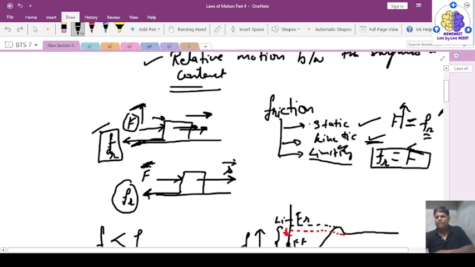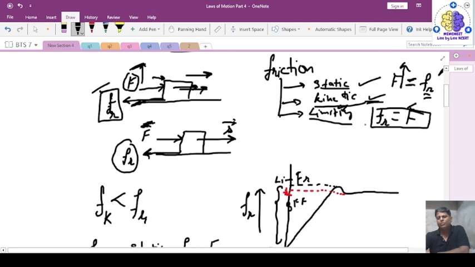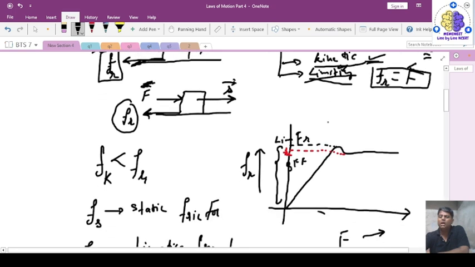Static frictional force is self-adjusting, and it increases or decreases as the external force increases or decreases. Kinetic frictional force has a value less than the limiting frictional force and is constant, and it comes into the picture when the body starts moving. Limiting frictional force is the maximum value of static frictional force and the minimum value of the external force at which the body starts moving.